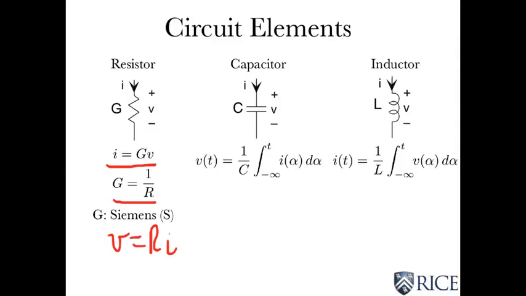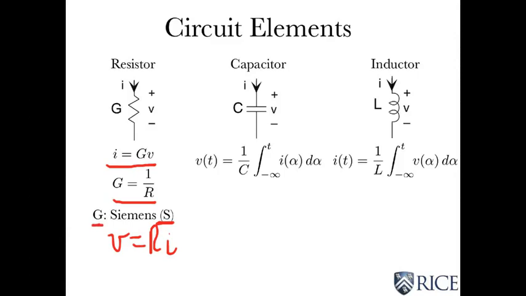It's given the symbol G, and G is measured in Siemens, named for the German inventor and designer of telegraph systems in the early part of the 19th century. So the symbol G is for Siemens.